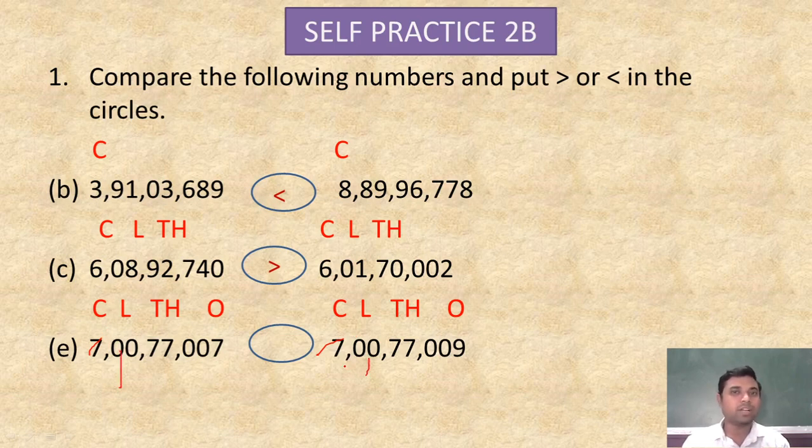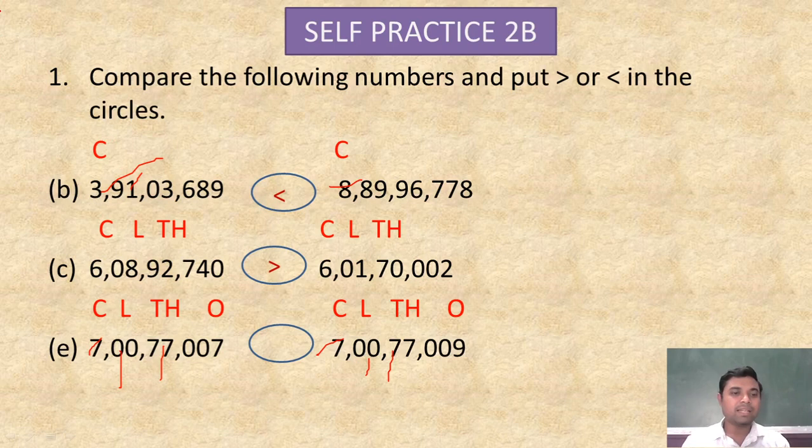That's why we cannot say which is greater, which is less. Next 77,000, 77,000. So here this is also same. Dear student, just see here 91, here 3 and 8 different. That's why we write only the highest period.